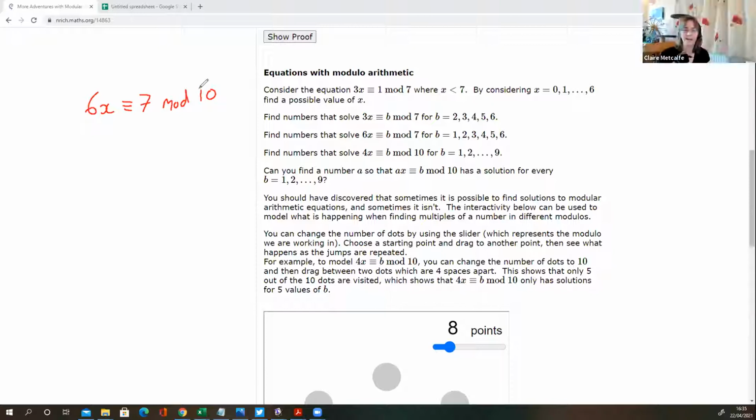Oh, I like the alternative way of doing it. Yeah, like a lot of these things, there's more than one way of arguing it. So thinking now about 6x is equivalent to 7 mod 10.